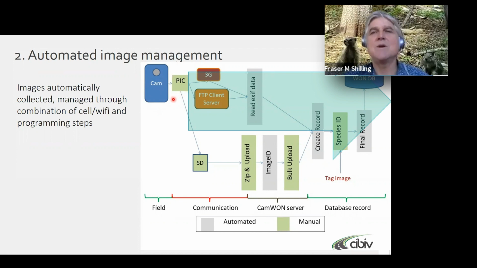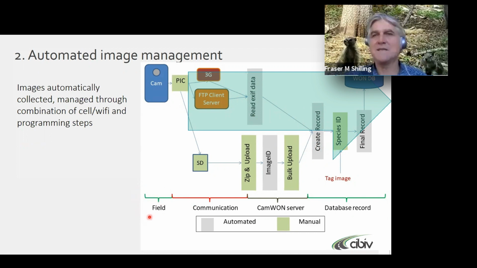This diagram shows one pathway that we've used, where a camera is either a cell communicating camera or a Wi-Fi communicating camera that sends the image with the EXIF data, and the EXIF data and the image are used to create a record in the database. Shown here on the x-axis are the different aspects of that.